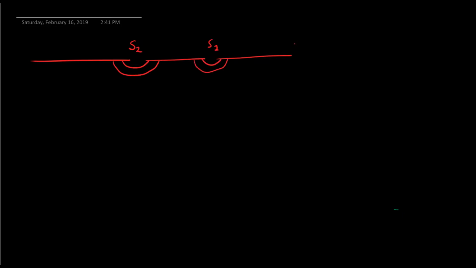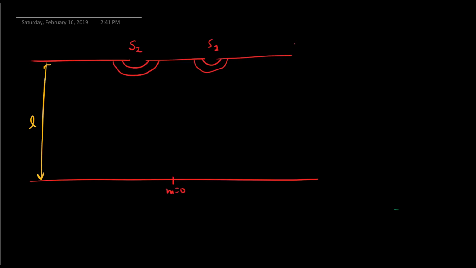Each of them has its own wavefronts, and there's some screen past them, past the slit itself, some distance, let's say L away. Now for this case, let's assume the central point is a maxima.